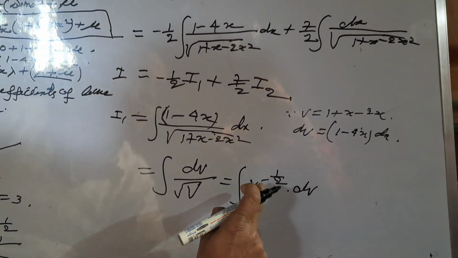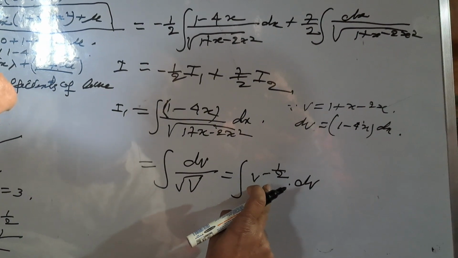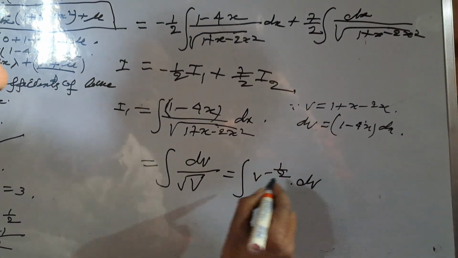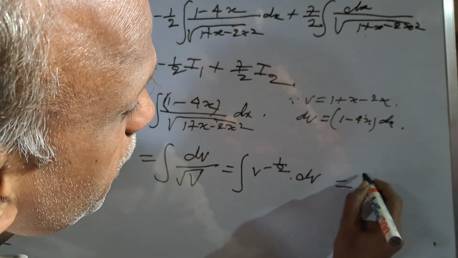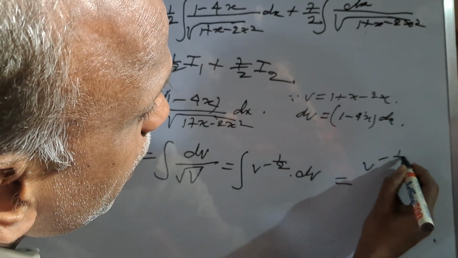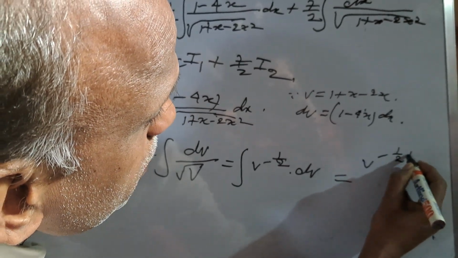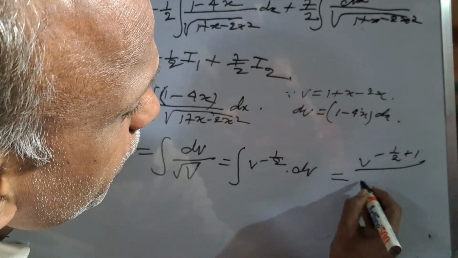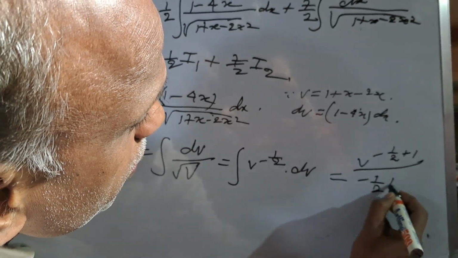As I evaluate this integral, finally we have v to the power minus half plus 1 divided by minus half plus 1.